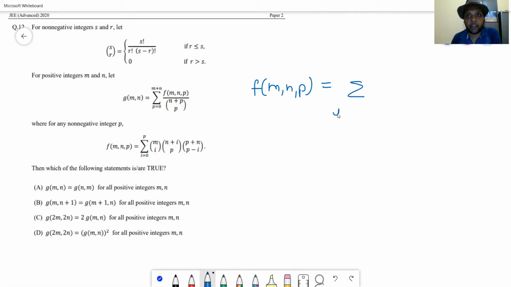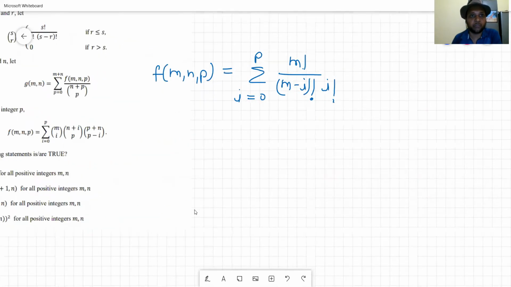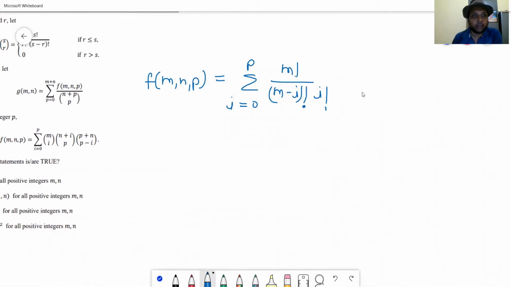So f of m comma n comma p is the summation of i equals 0 up to p. What is mCi? That is nothing but m factorial upon (m minus i) factorial into i factorial. I hope everything is visible. After that, we have (n plus i)Cp, which is (n plus i) factorial upon p factorial into (n plus i minus p) whole factorial.